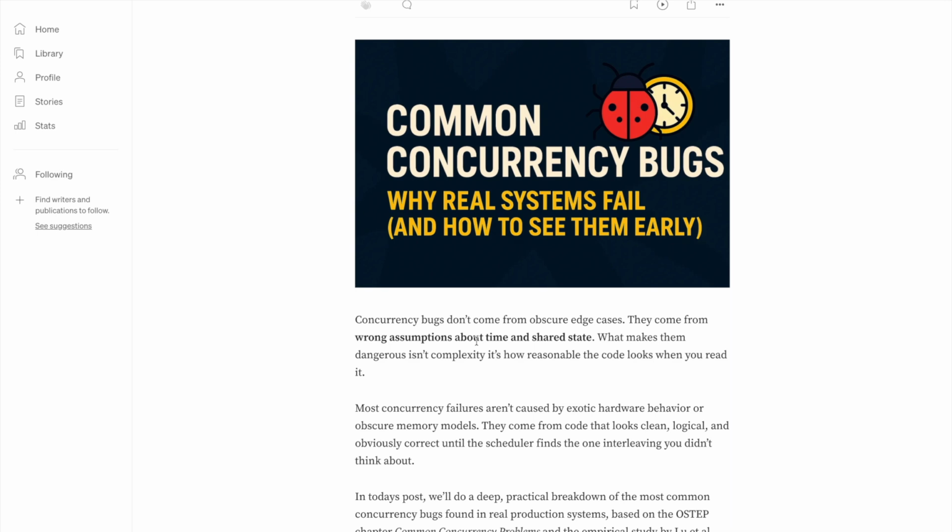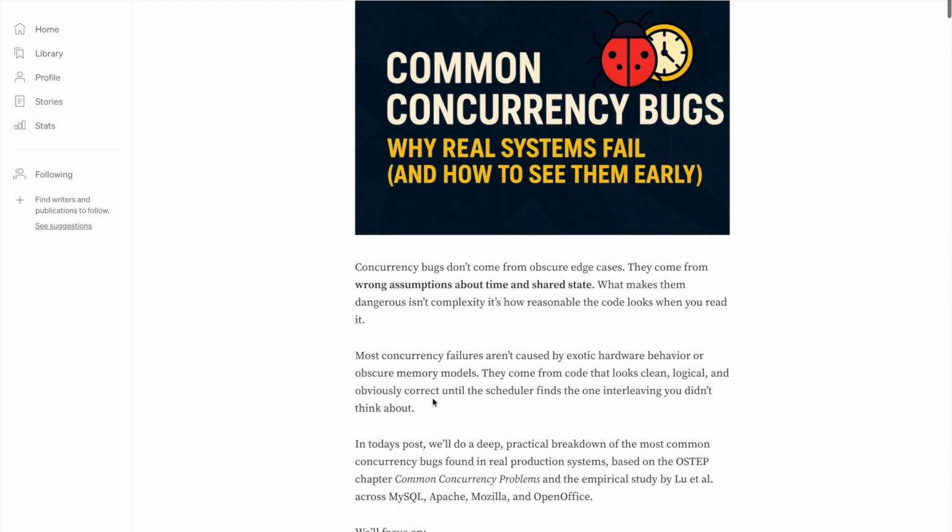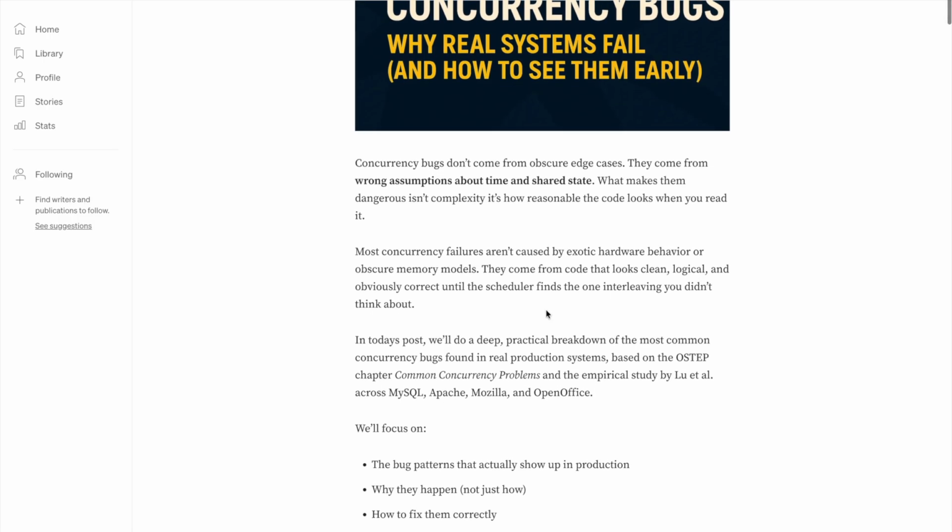What makes them dangerous is not the complexity of the code that you have written, but how it behaves. Most concurrency failures aren't caused by exotic hardware behavior or the memory model. They come from code that looks clean, logical, and obviously correct until the CPU scheduler finds one interleaving you didn't even think about.